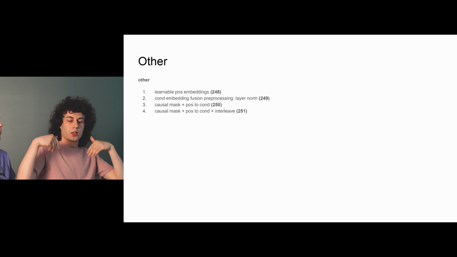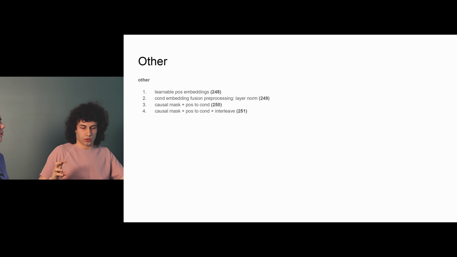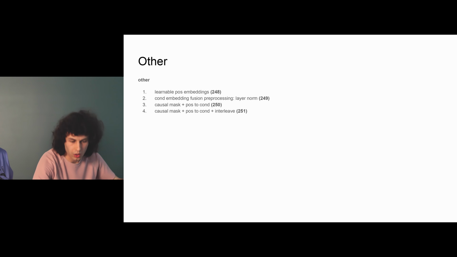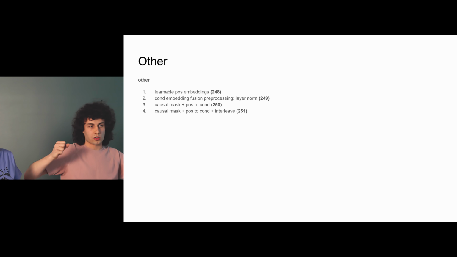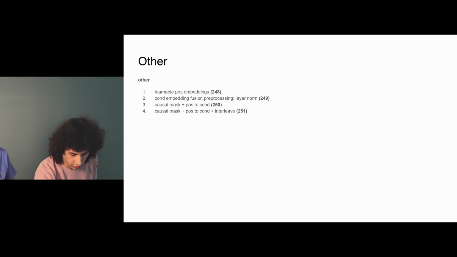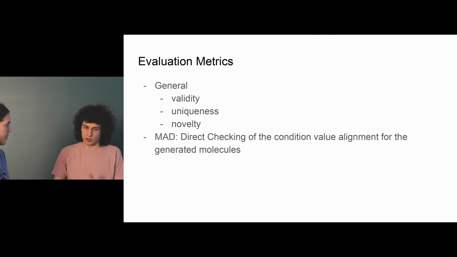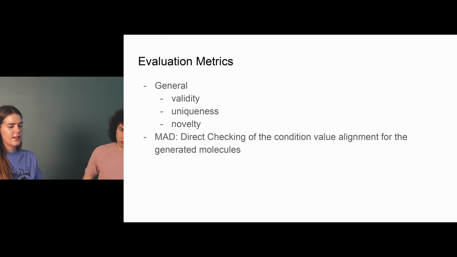But we checked also some additional things in this architecture. So some preprocessing of the conditions, what is the attention mask for the conditional prefix, and so on. And yeah, this brings us to the evaluation part of the de novo generation.